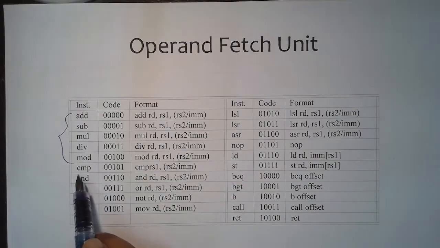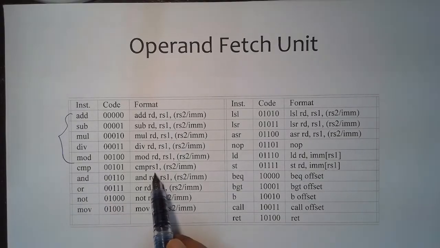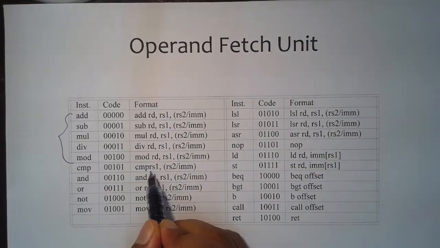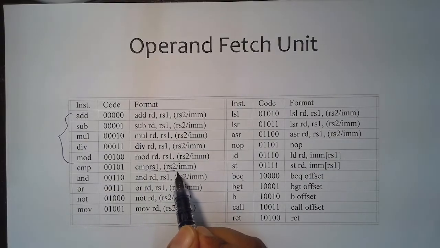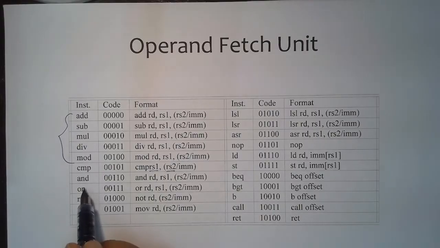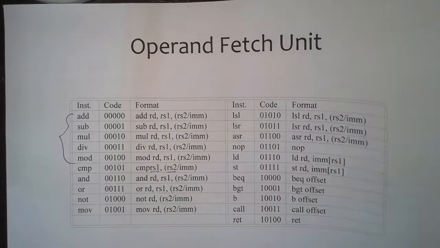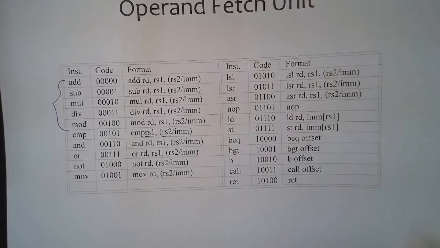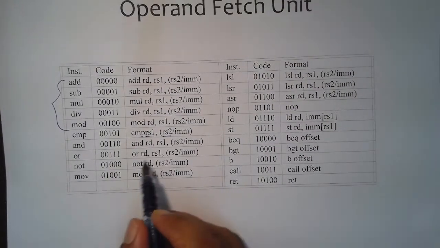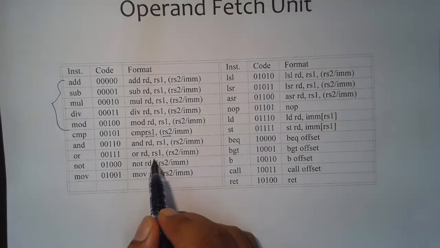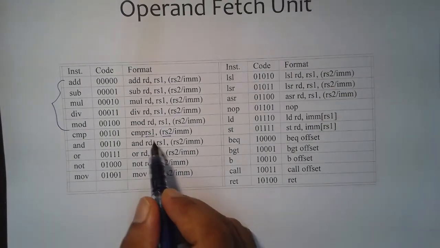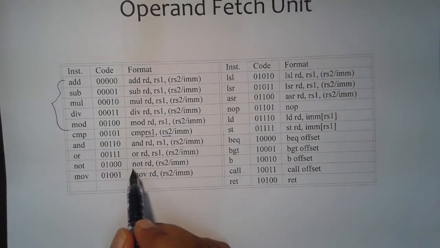You have this compare instruction where there are two sources you compare. One of the sources can be an immediate value as well. Similarly, you have the logical operations like and, or, not, etc. And and or are pretty much similar.